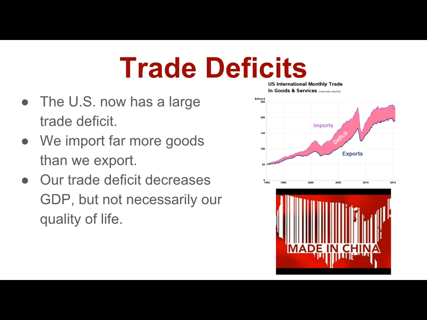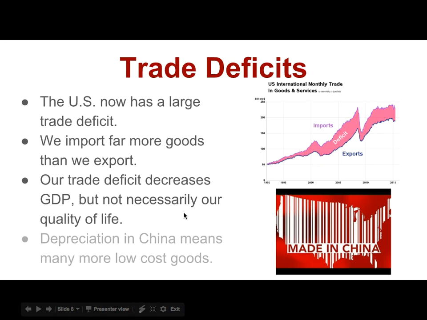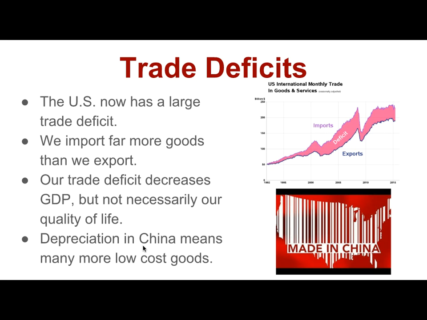Okay, it's important to know our gross domestic product goes down the bigger this deficit is, but not necessarily our quality of life. We can buy many items for lower costs because of what China is doing. So we don't like it because it takes away American manufacturing jobs. This lowers our GDP. We don't like it because this trade imbalance lowers our GDP as well.